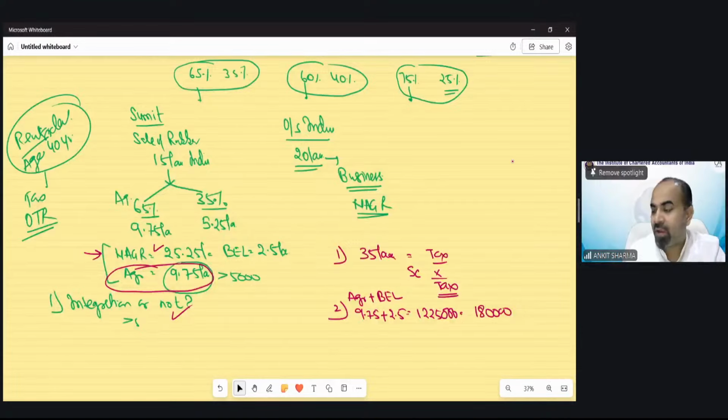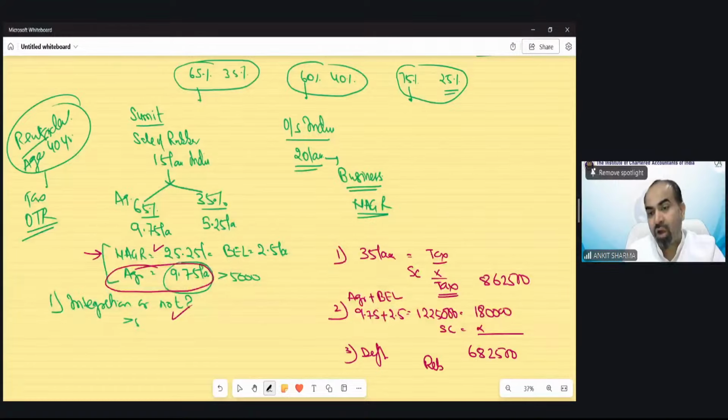On 35 lakh also, if we calculate tax, that would be 8,62,500. No surcharge in this case also because income is not exceeding the limit. And step number 3, the difference, that would be 6,82,500.